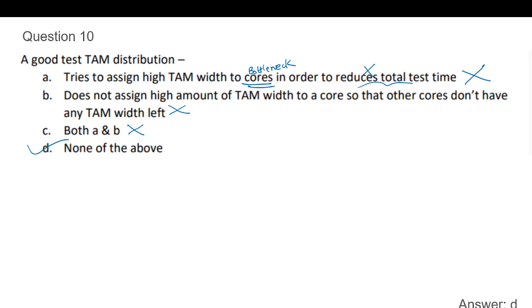Okay, so any doubts? Hello, ma'am. Yes. My question is regarding the week nine assignment. The assignment date is completed and solutions are given.